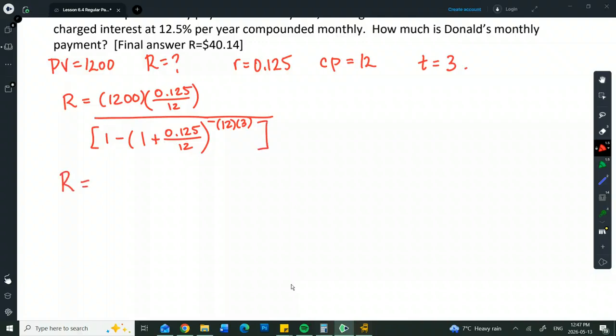And then maybe we'll do a little bit of simplification here. I'm going to do the 0.125 divided by 12. Oh, and that's a repeating decimal, so maybe we'll just try to leave it. This we can simplify to 36.